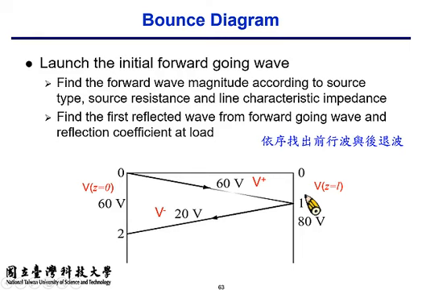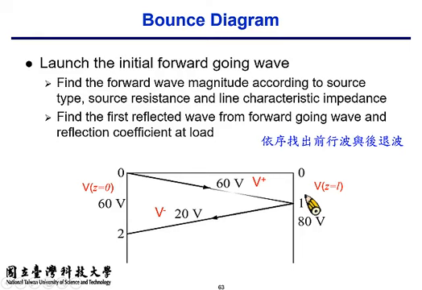And if you stand at the left hand, beginning from t greater than 0, here you observe 60 volt, right? Because from 0 to 2 microseconds, you only have the V plus signal. And how about this place? At this place, you will observe V plus, V minus, and V minus plus at the same time.